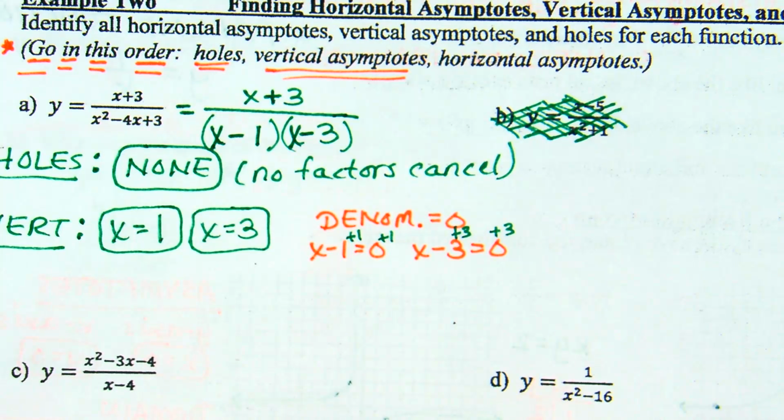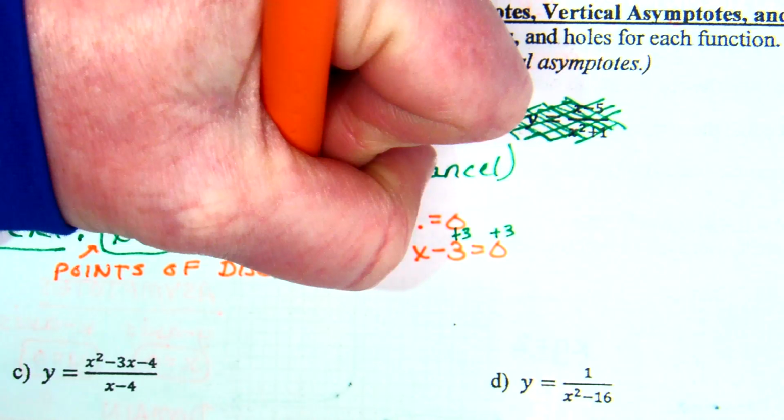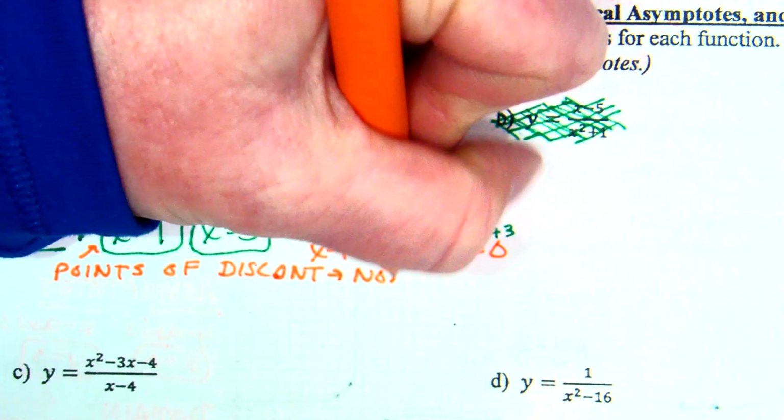Okay, and again, in case they ask anything about that in homework, I'm trying to prepare you that these right here are points of discontinuity, and specifically they are non-removable points. So the key is if they ask you what they are and they're vertical asymptotes, non-removable. Got it?